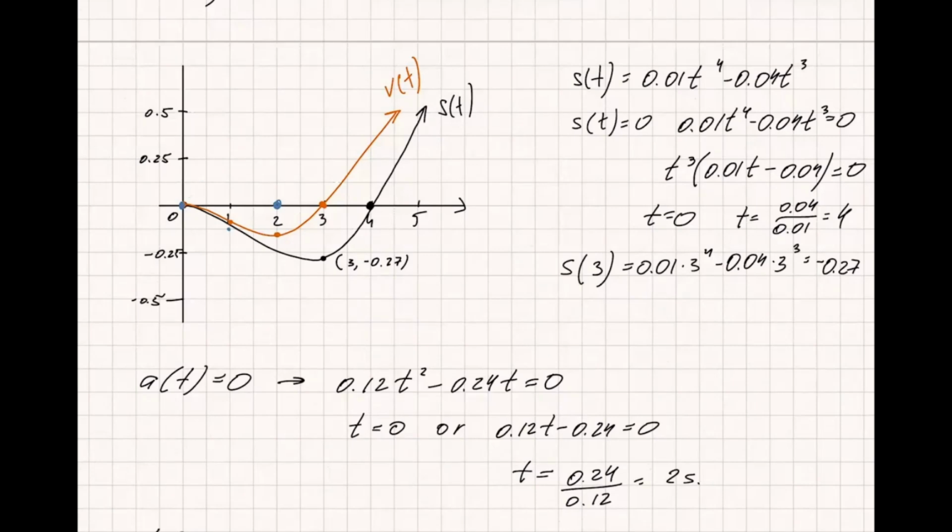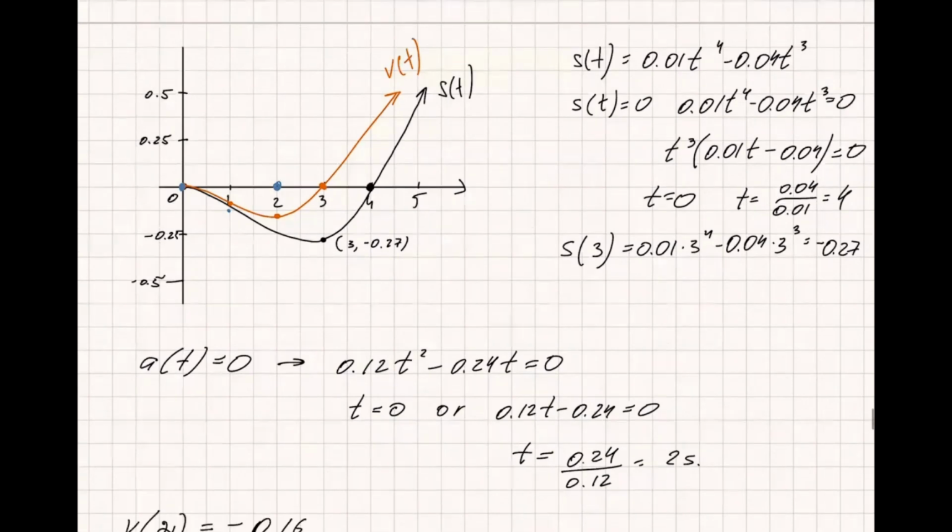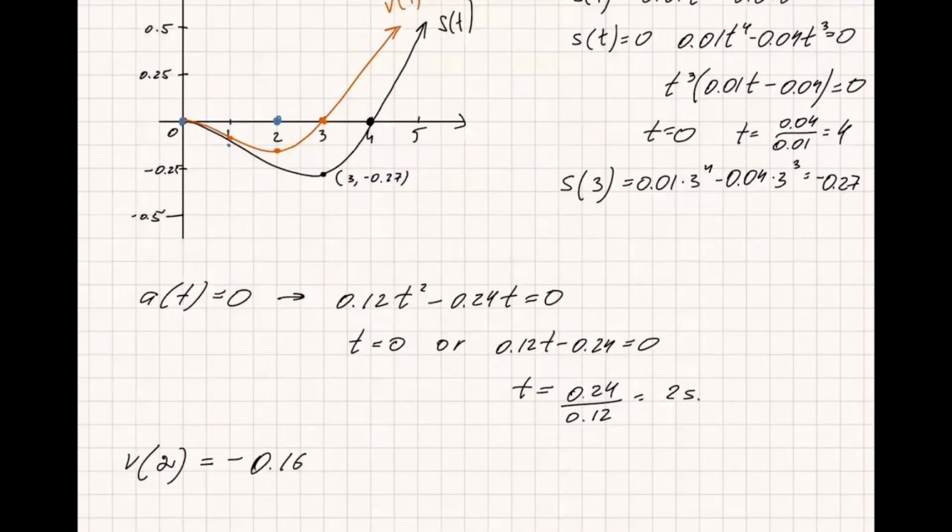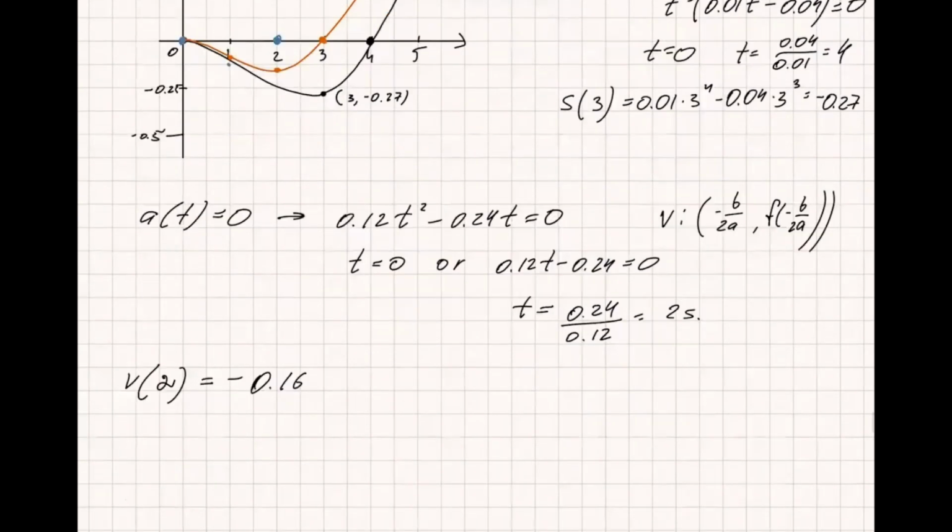I have acceleration here is 0 and at 0, 0. Now I want to find the vertex. How do I find the vertex of a parabola? Remember, the vertex happens at negative b over 2a, comma f of negative b over 2a. This is my b, this is my a, right? So the vertex would be at negative negative 0.24 divided by 2 times 0.12, which is positive 0.24 divided by 0.24, it's 1 second.